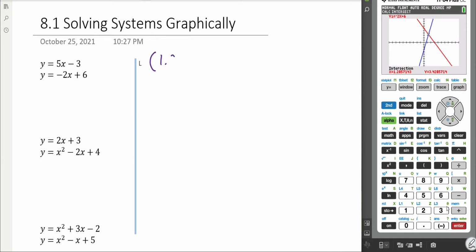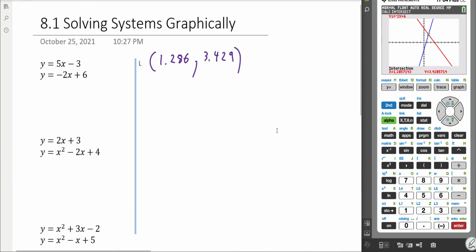So x is, I'm going to round it off right here to the thousandths place, and y is this to the thousandths place. So again, you just input your two lines, making sure you have y equals, that's the key, and then find the intersect. That's it. That's not bad.